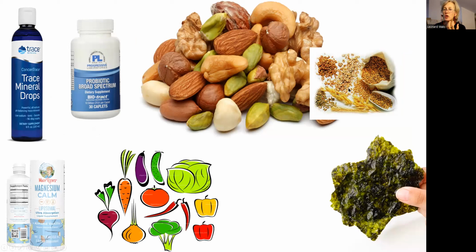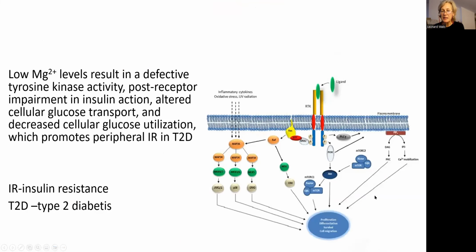I want these vitamins and minerals from these whole grains. I want good fat, omega-3, nuts, seeds, fish, avocado, probiotics, trace minerals, magnesium, cooked vegetables, and seaweed.